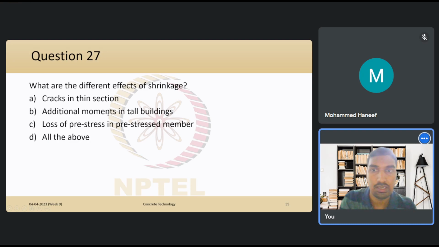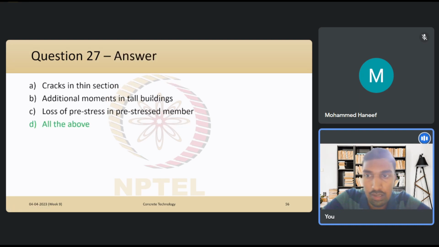Because of the deformation, additional moments are created. Also in pre-stressed concrete, there will be loss of pre-stress, because of the change in volume. So all the options A, B, and C are effects seen because of shrinkage, and therefore the right option is D, all the above.